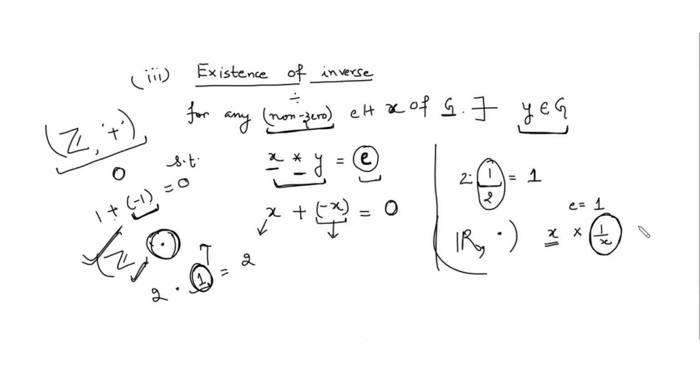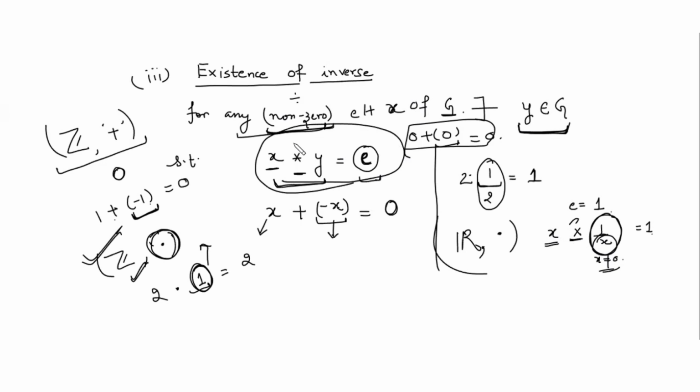So when you multiply this, you will have 1, which is the identity in the case of real numbers. So here the condition should be that x should be non-zero. So that's why we have taken this to be a non-zero element, right? Only then we can divide by this. This point is clear? Yes, ma'am. So we talk about inverse only for non-zero elements, not for the zero element.